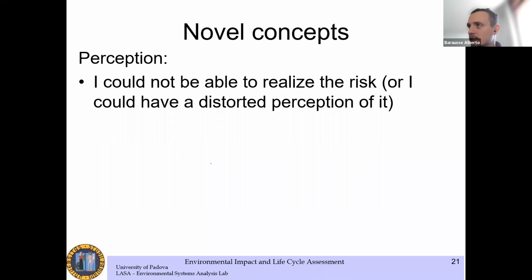Unfortunately, in risk assessment, human perception comes heavily into play. And this is very important because environmental engineering is not only about making calculations, but also about communicating decisions, communicating results.